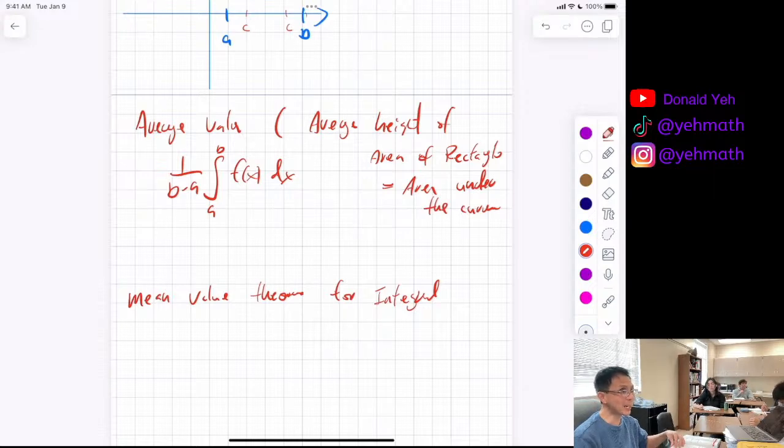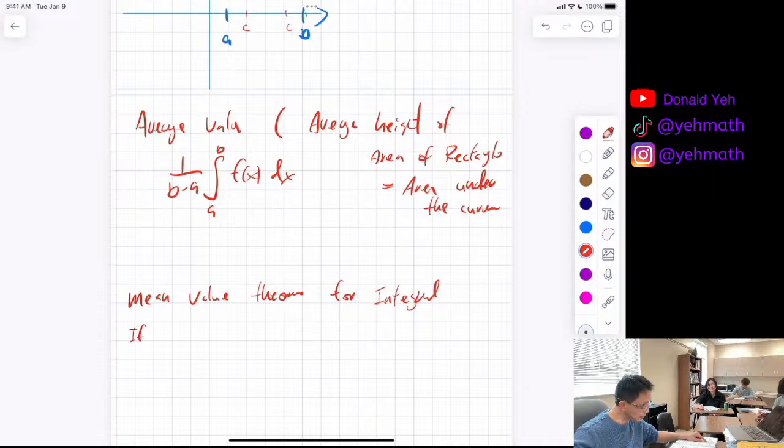You find out which x value, in this case it could be the c value, where that c value can give you a height, which is the average height. So you find out the x that gives you that value. That's pretty much it. Okay, so I'm gonna say that again. I'm gonna give you a book definition, it's better.